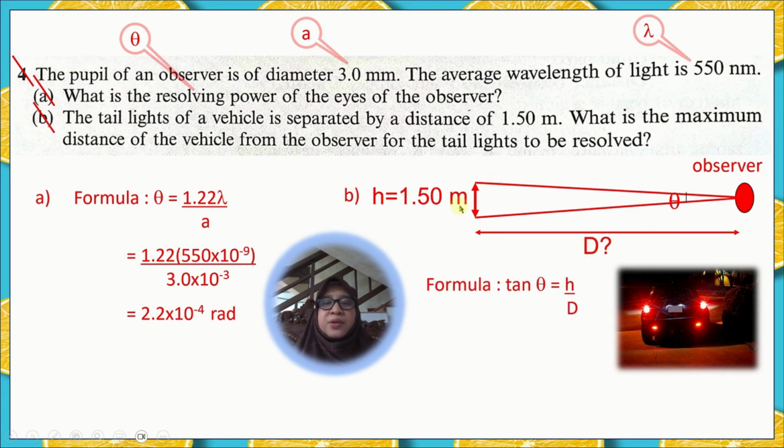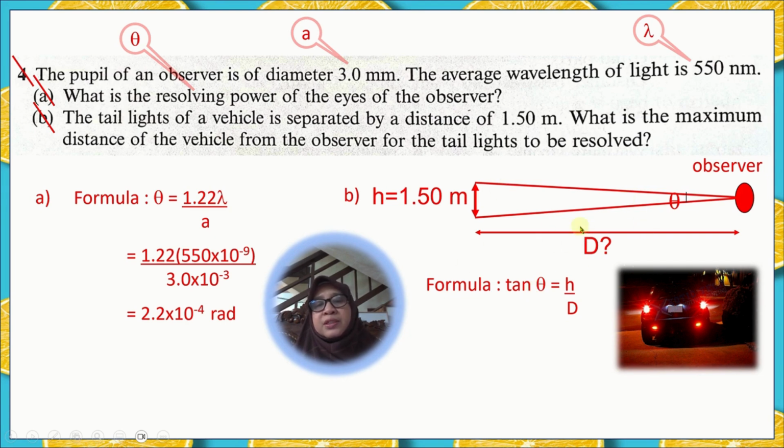To find the resolving power theta here, we can use a trigonometric ratio. Tangent theta equals opposite over adjacent.